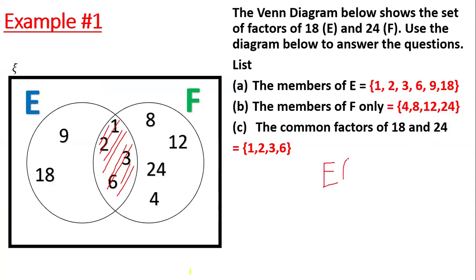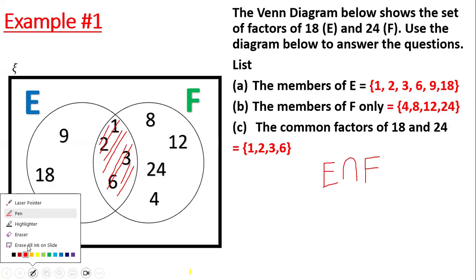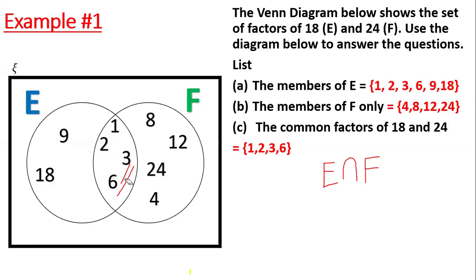Just because they don't have E intersect F, don't think that they're not asking you for an intersection. They could ask you for an intersection in a different way. So keep your eyes and ears open for that in your exam. It doesn't have to come exactly the way I taught you. That's why I'm giving you different examples so you can have a sense of how it could come.